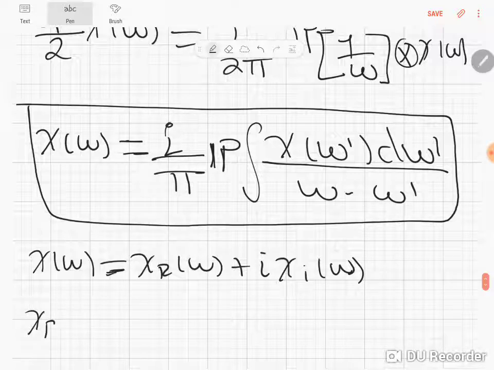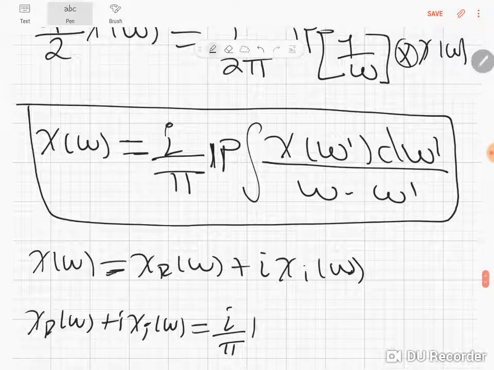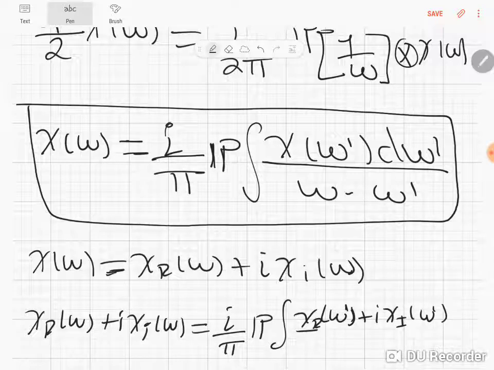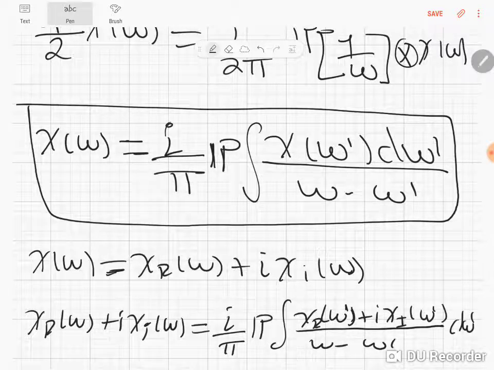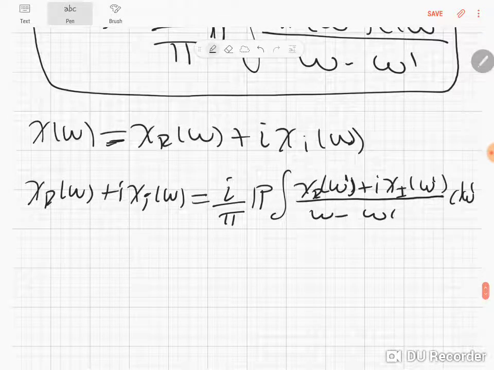We say that chi real of omega plus i chi imaginary of omega is going to be equal to i divided by pi, principal value of the integral of chi real of omega prime plus i chi imaginary of omega prime, all of this divided by omega minus omega prime, with respect to omega prime. So then from here we can derive the following.